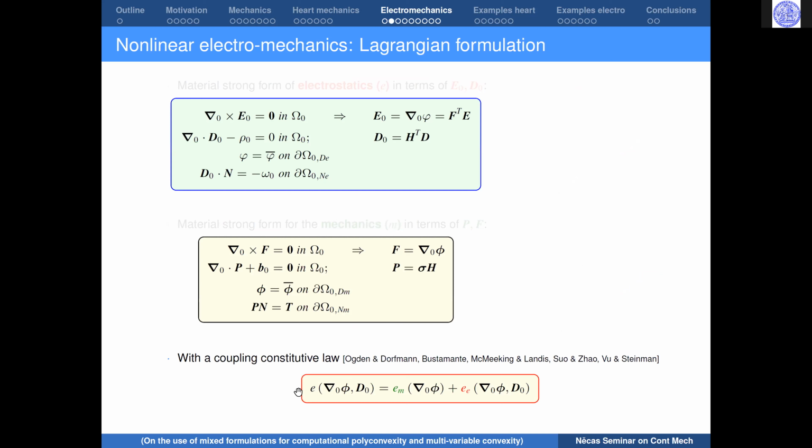So in the spirit of reversible electromechanics, we look for energies coupling both the gradient of the mapping and the electric displacement, D0 in this case. And quite a few authors have contributed towards the definition of this sort of energies. And the typical approach is to have an energy additively split into a mechanical and electromechanical part.